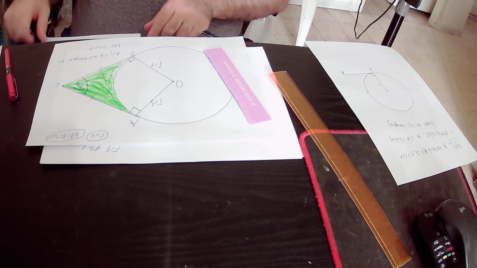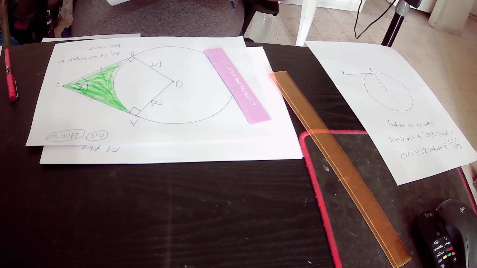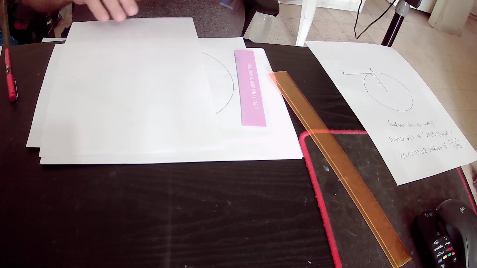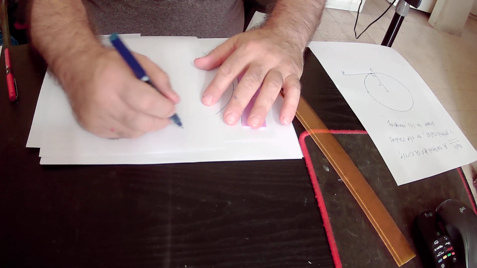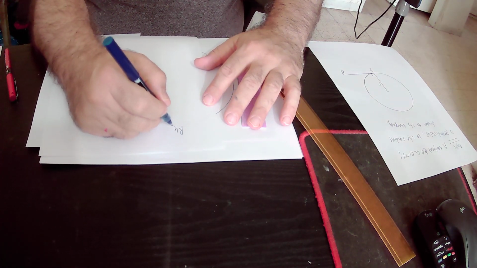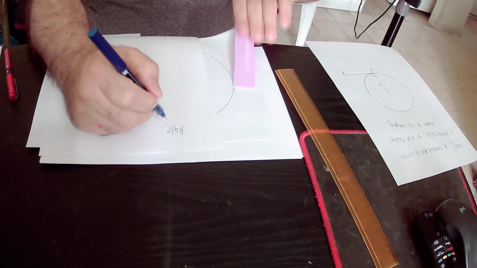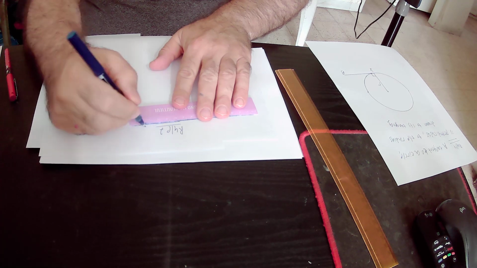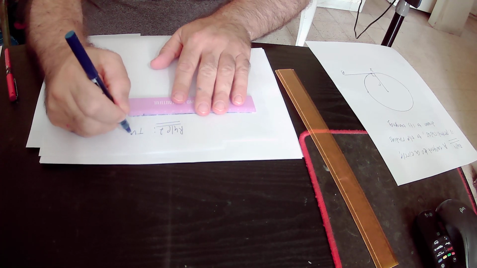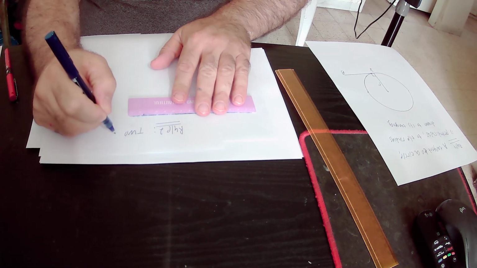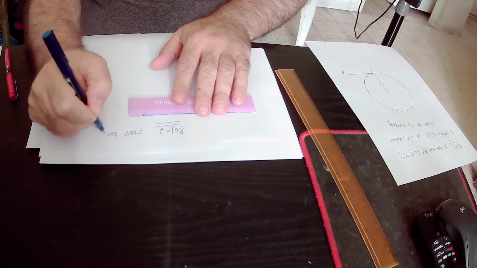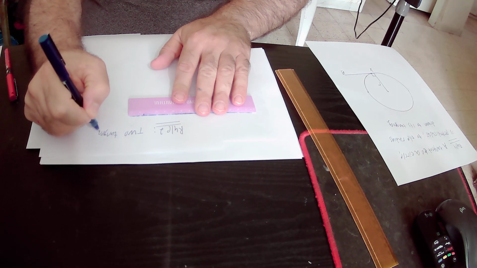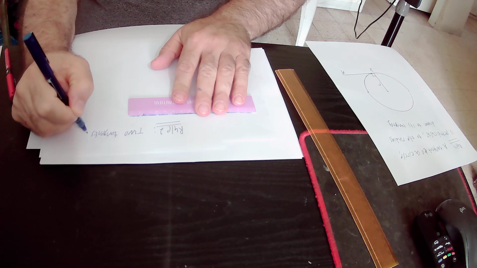The two tangents theorem is actually rule number 2.